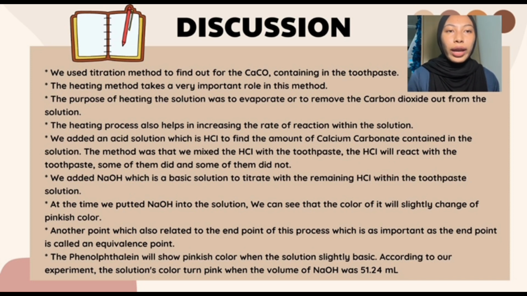Next, we added an acid solution, which is hydrochloric acid, to find out the amount of calcium carbonate contained in the solution. The method was that we mixed hydrochloric acid with the toothpaste. The hydrochloric acid will react with the toothpaste. Some of it did and some did not react. Then followed by sodium hydroxide.